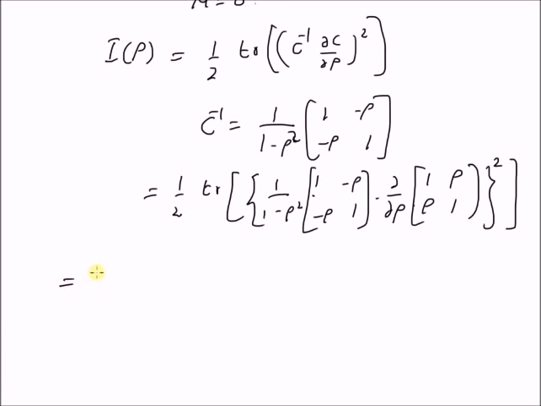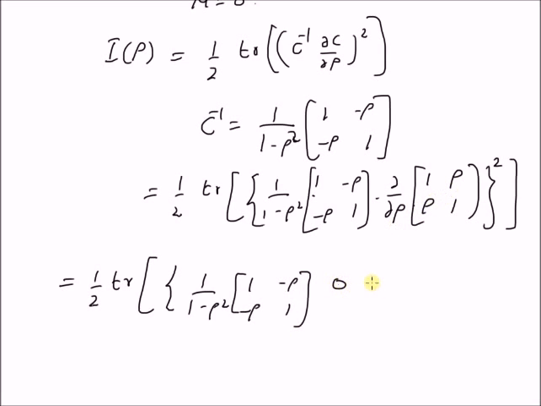So this becomes 1 by 2 trace of 1 by 1 minus rho square multiplied by [1, minus rho; minus rho, 1]. The derivative of this matrix is clearly [0, 1; 1, 0].